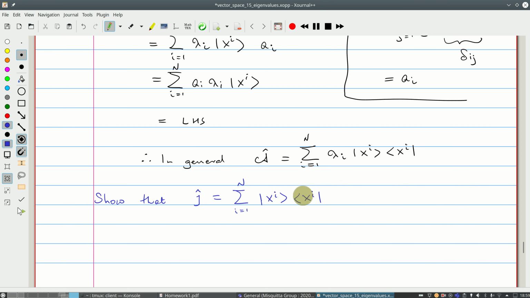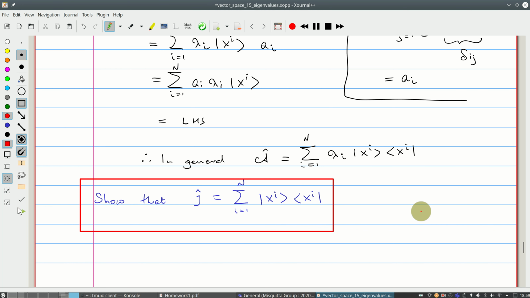So if these xi's were the orthonormal basis of eigenvectors of some normal operator, then the identity operator can be written as this sum. Okay, I'm going to put a box around this, and I'd like you to show it. It's quite a nice exercise.